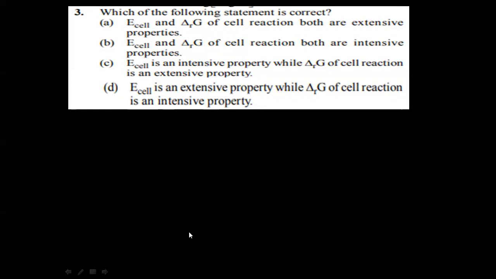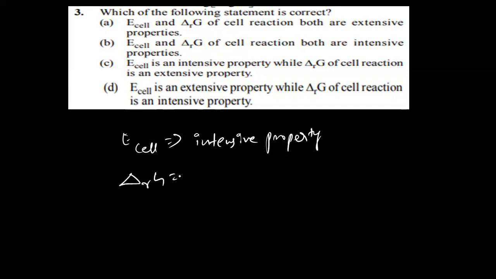So we know that E cell, that is EMF of a cell or cell potential, is an intensive property. What is meant by intensive property? It's nothing but it is independent of the mass of the species. But if you consider delta rG, what is meant by delta rG?